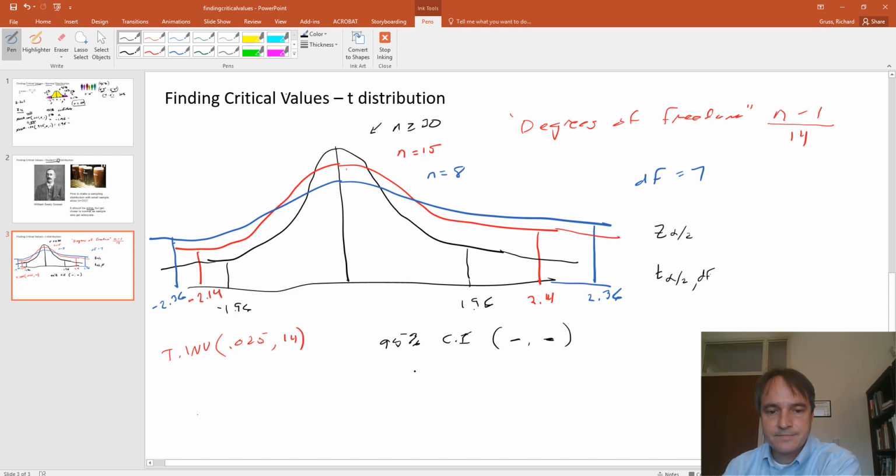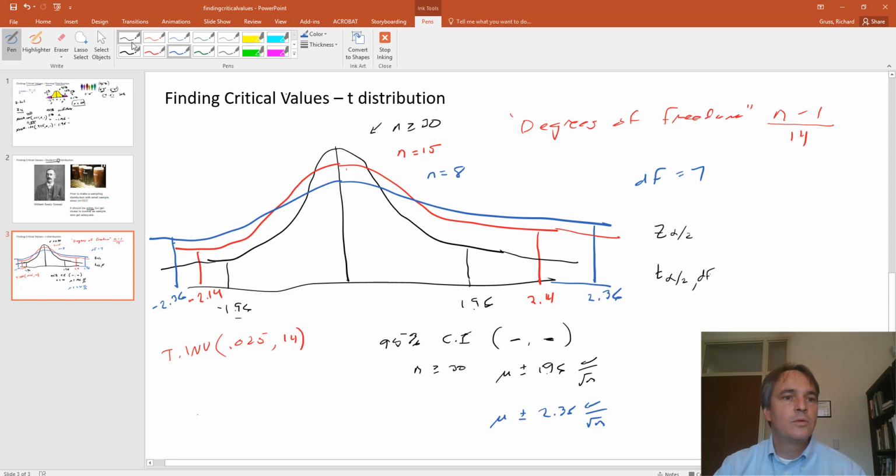If we have n greater than or equal to 30, that's going to be equal to whatever our average height was, plus minus this critical value, 1.96 times the standard error of the mean. But if we only had 8 samples, we're going to have to do that mean plus minus 2.36 times the standard error of the mean.